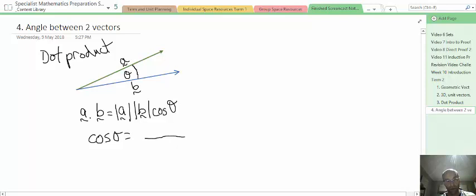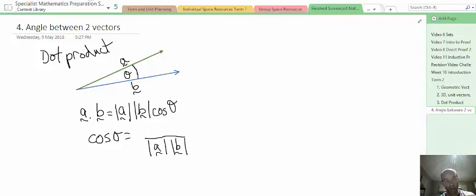Well, the right-hand side has been multiplied by the magnitude of A times the magnitude of B. We have to undo that multiplication with a division of the same quantities. So to isolate cos theta by itself, we have to divide by the magnitude of A multiplied by the magnitude of B. They are together in the denominator, and we have to do that to both sides.